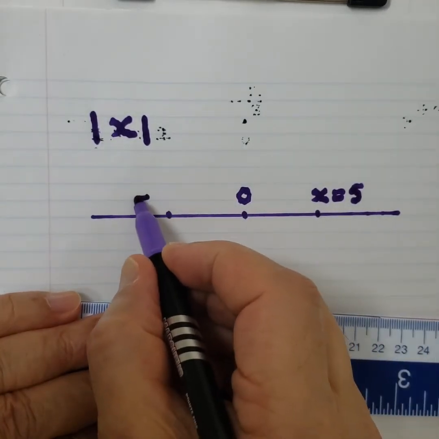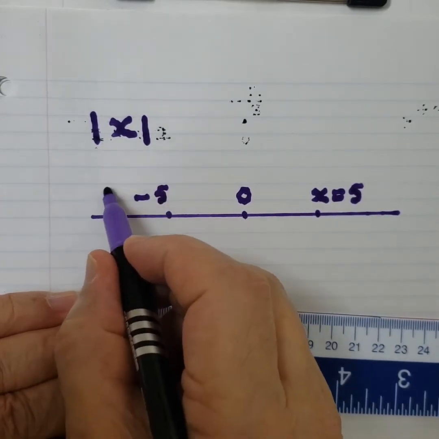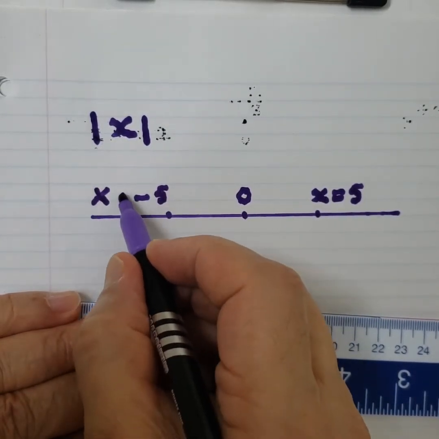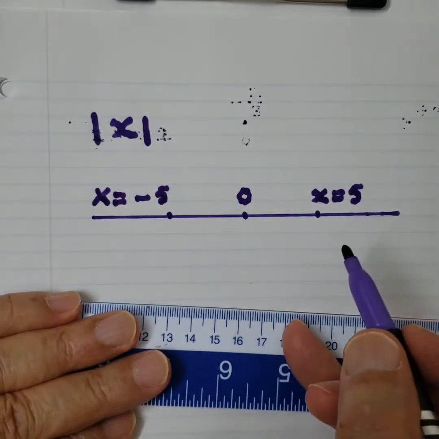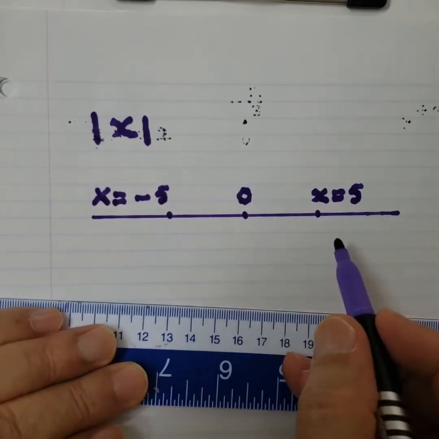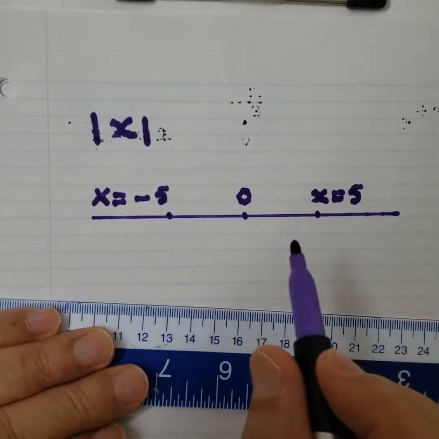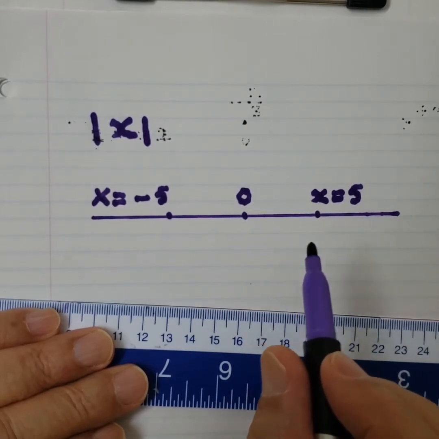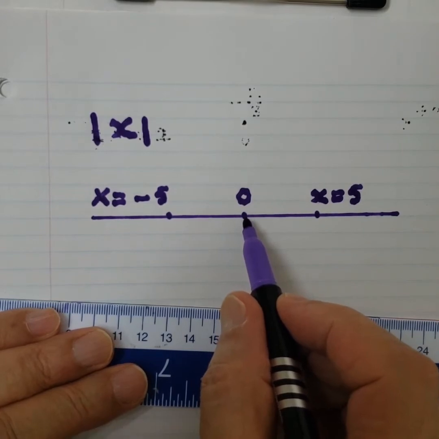If I take x as negative 5, same, the distance will not be negative. The distance will also be plus 5. So in any case, whatever the value of x, negative or positive, the absolute value is always not negative. It can be 0 when the value of x is 0.